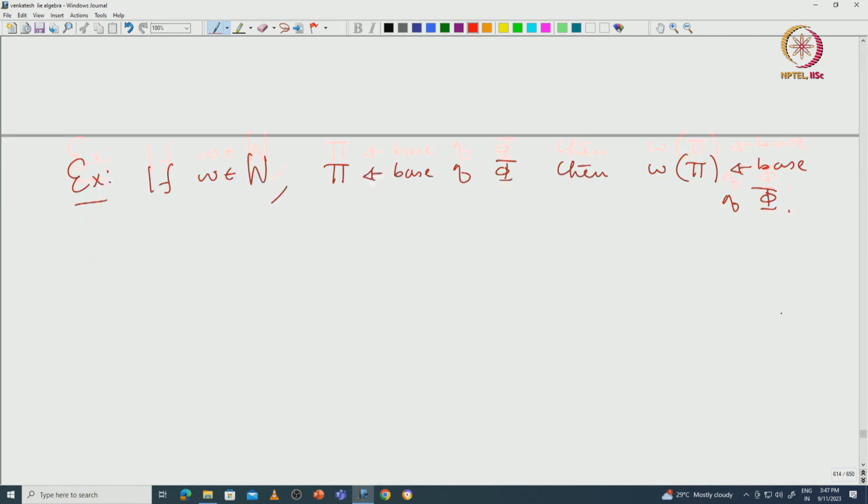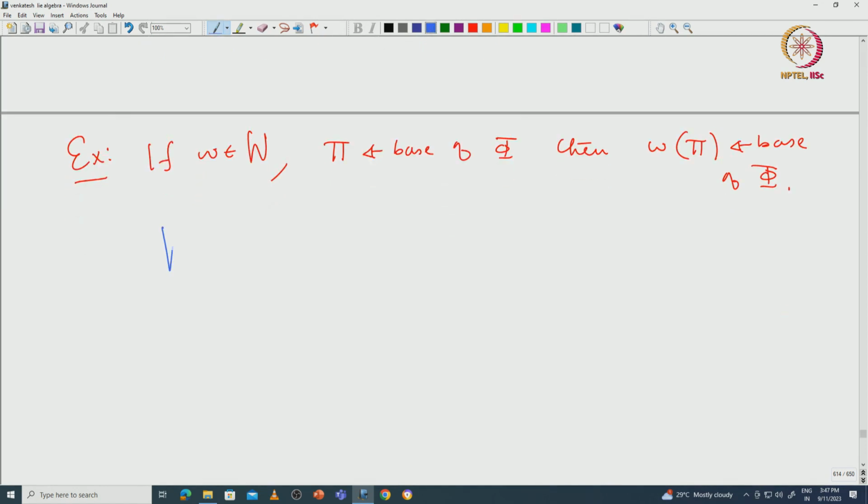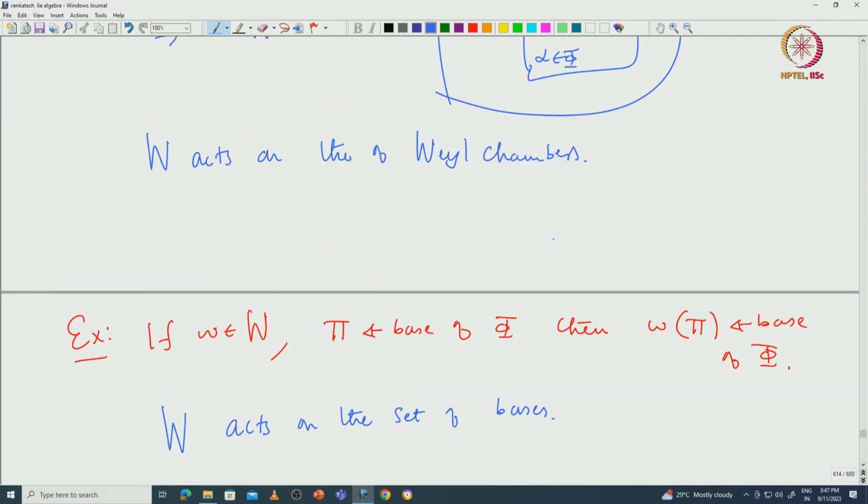That means W acts on the set of bases. Now it is not hard to see the way W acts on the Weyl chambers.